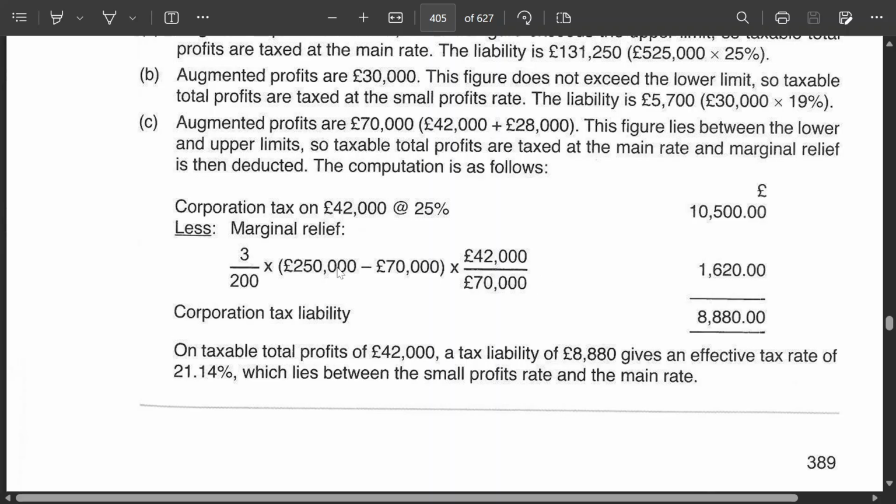If you do all this, you get this number, 1620. So the net tax liability is 10.5 minus the 1.6, which is your 8.9. Is this clear? So this part you need to master, make sure you understand the calculation, and then you can practice a few times with some examples. There will be some other examples.